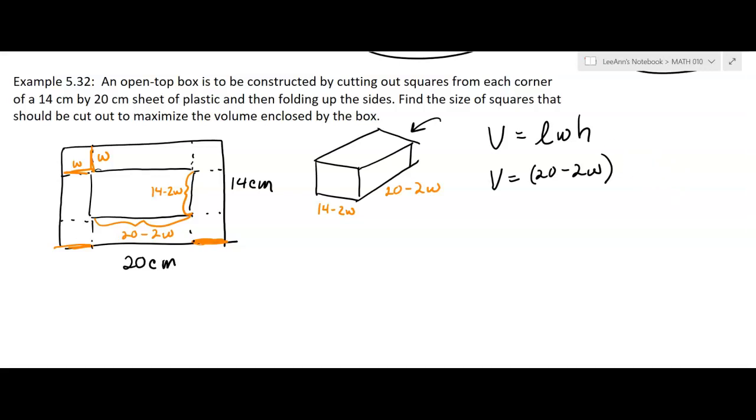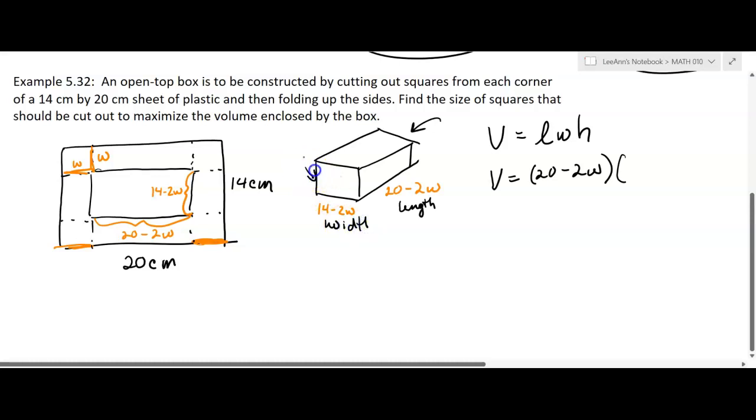Okay, so I better write this out: length, width, and this is height, but that's my W. I wish it were an H. I just wanted it to be clearer, and that's what the book used in case you reference this later. Okay, so 14 minus 2W, I would have used H for height. Okay, and then W.